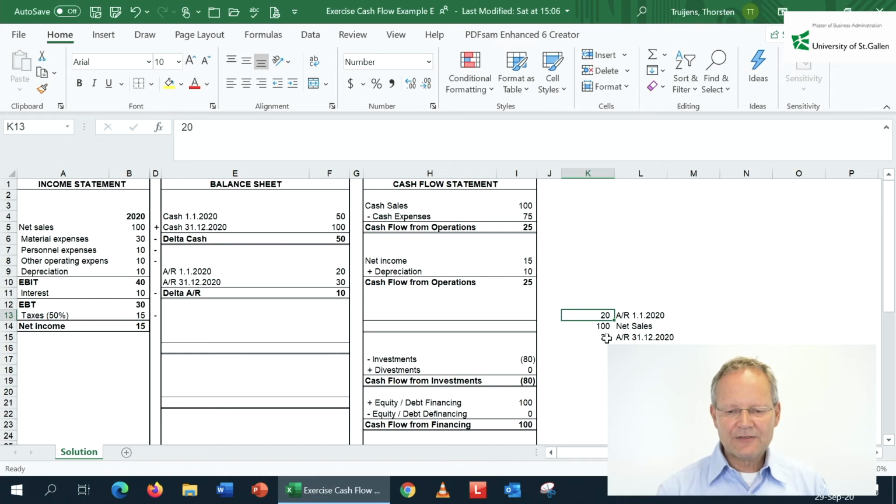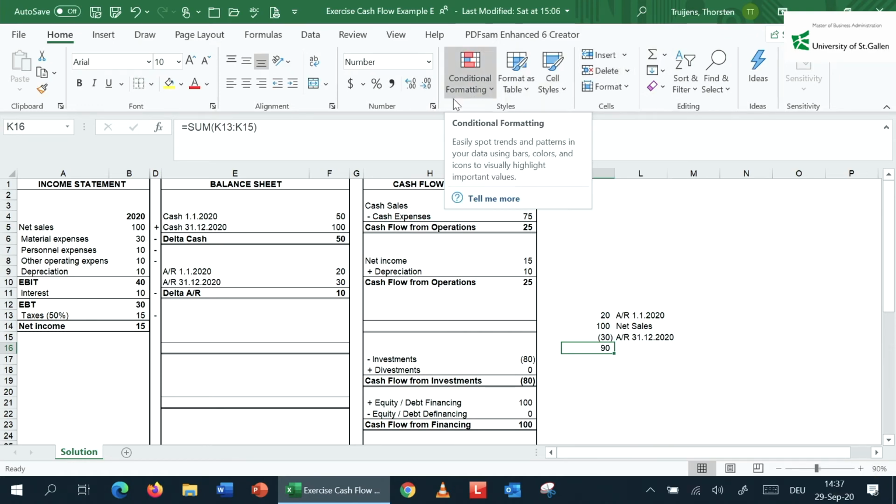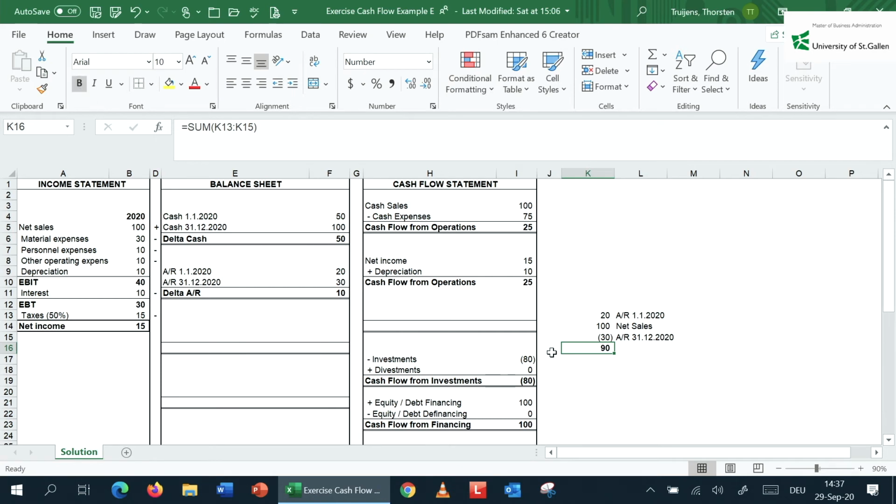So it's 20 plus 100 is 120, minus the 30 which haven't been paid yet. And the result out of all of that is 90. So we got from our clients 90 actually. This is the net cash we got from clients.